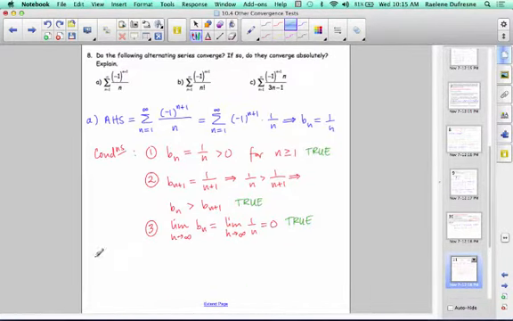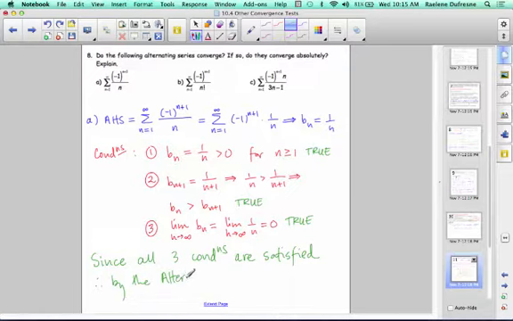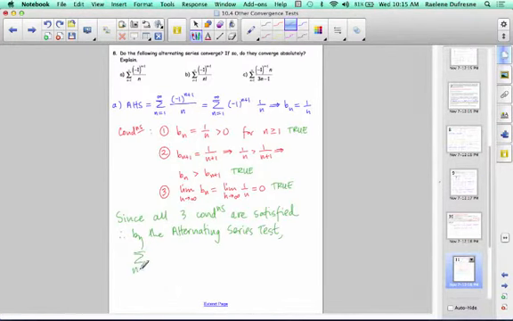So we simply conclude, since all three conditions are satisfied, therefore by the alternating series test, the sum from n equals 1 to infinity of negative 1 to the n plus 1 all over n, also known as the alternating harmonic series, converges. And when we say just converges, we mean conditionally.